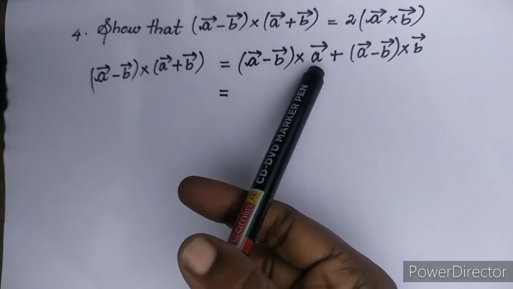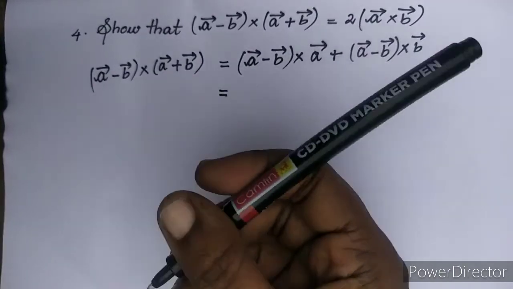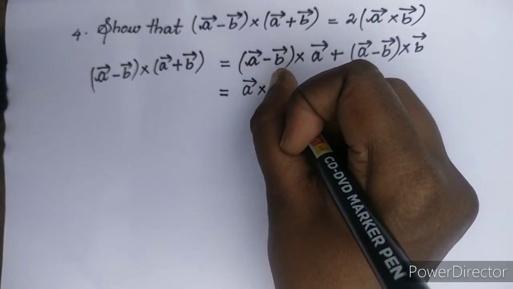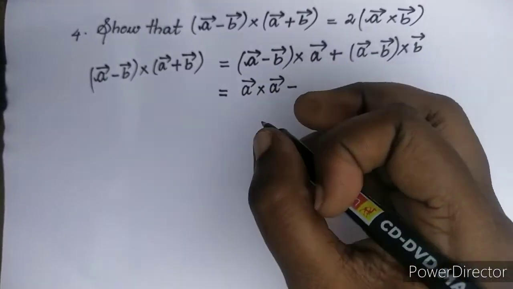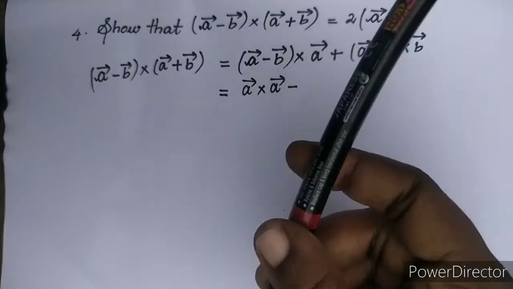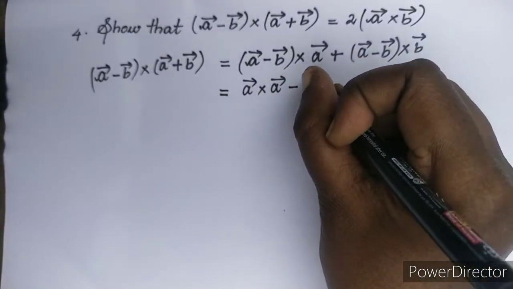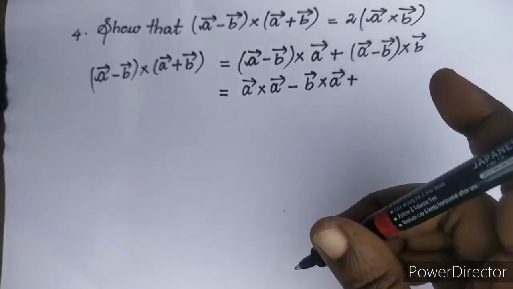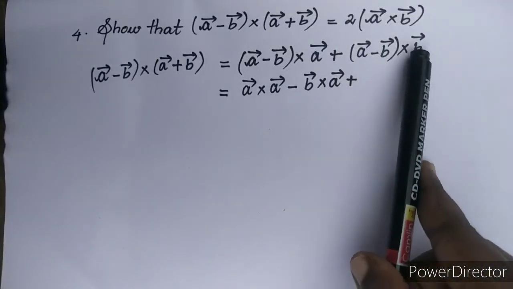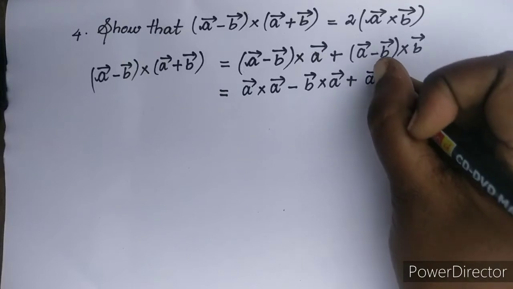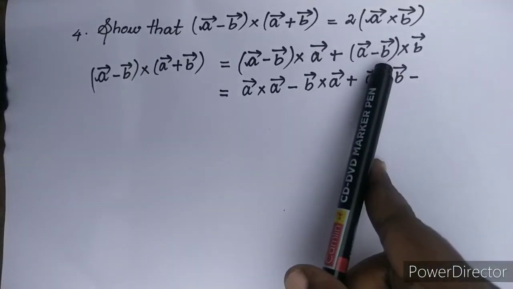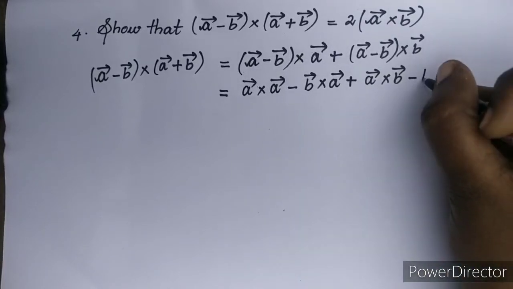So we will get A vector cross A vector minus B vector cross A vector plus A vector cross B vector minus B vector cross B vector.